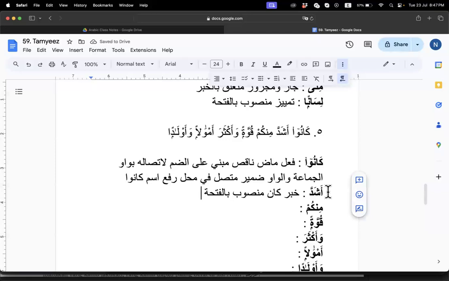Ashadda. This one is ism tafdil. Very good. Muda'af. Yes. Good. And then it comes with min. So is this superlative or comparative? Comparative. Very good. So minkum we say jar majrur, muta'alliq. Khabaru kana.